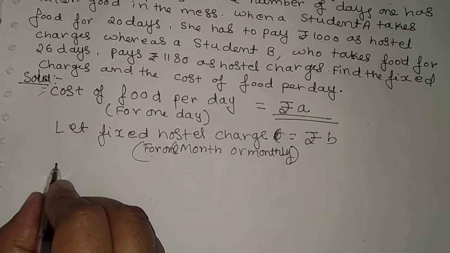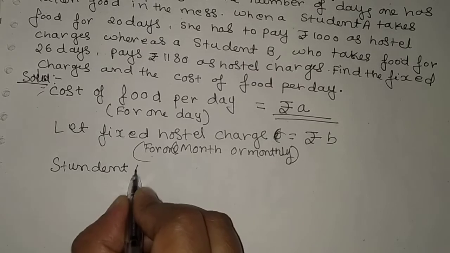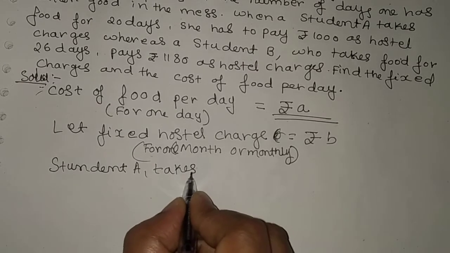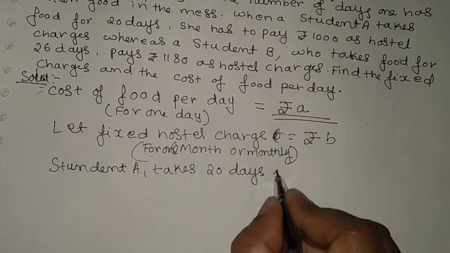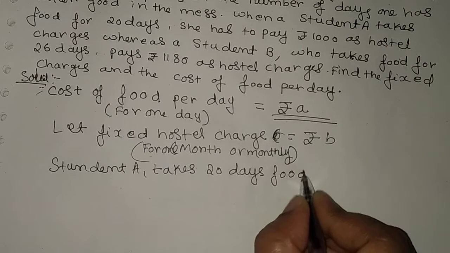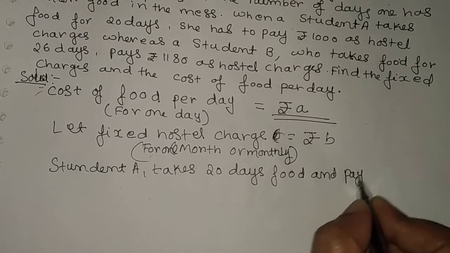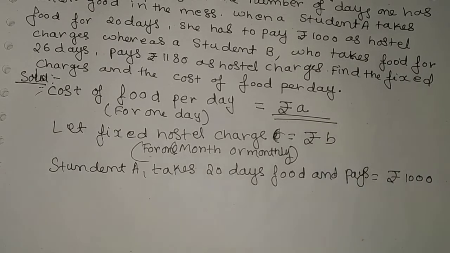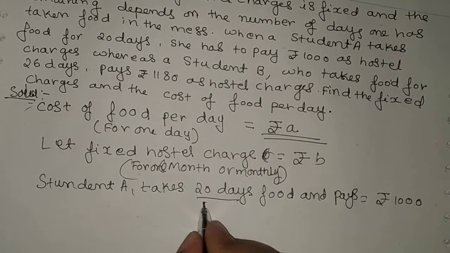Next statement is student A, first sentence of the problem. Student A takes 20 days food and pays how much? Rupees 1000. The student A pays rupees 1000 for 20 days.